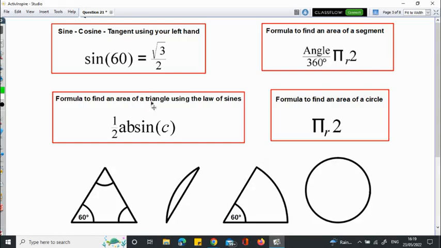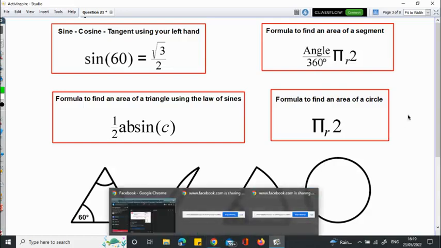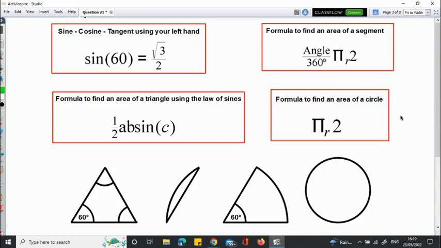And to find the area of a triangle using the law of sines, it's half a times b times sine c, and we know the area of a circle is pi r squared. So we'll go through these in more detail as we go through the problem. I'll just check to make sure we're still live. Yeah, I think we are.